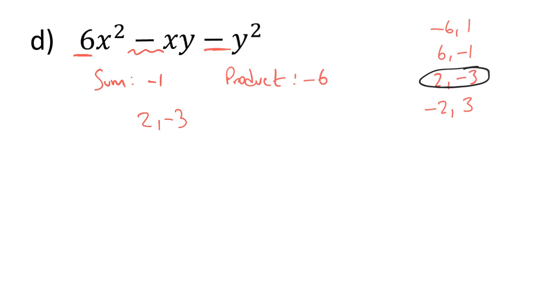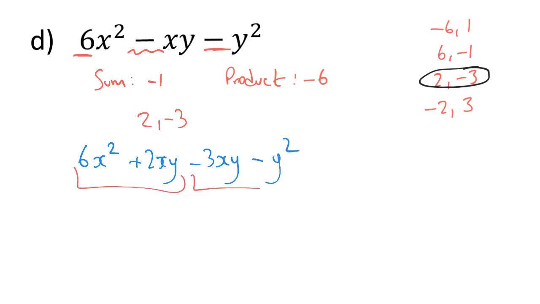So the same steps as before. So 6x squared. Instead of writing minus xy, we'll write plus 2xy, minus 3xy, and then minus y squared. Split them off in their pairs and perform simple factorising using common terms.